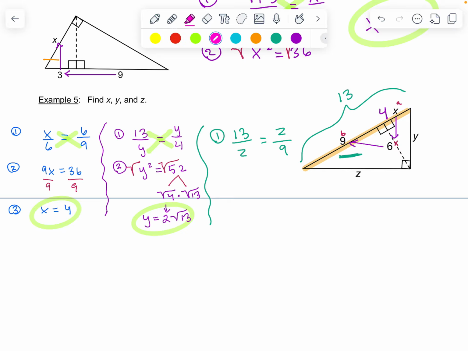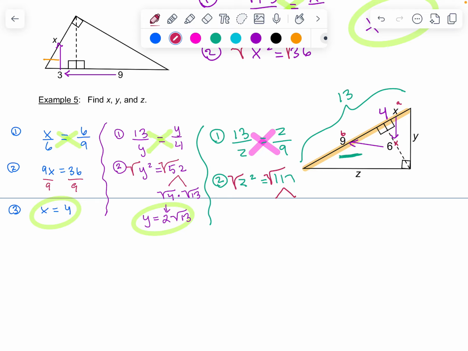So I can cross multiply once again. And we'll get that z squared is equal to 9 times 13, which is going to give me 117. And then we'll take the square root of both. And once again, if we go back to what we cross multiplied, it can kind of help us simplify that 117 because 9 is a perfect square.